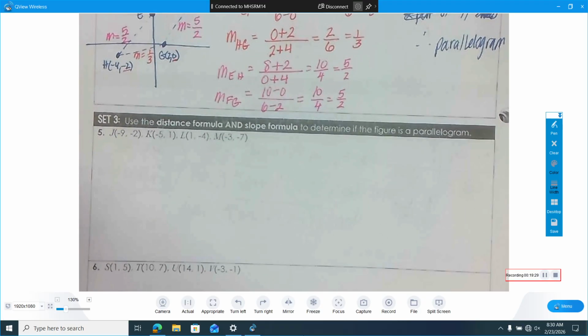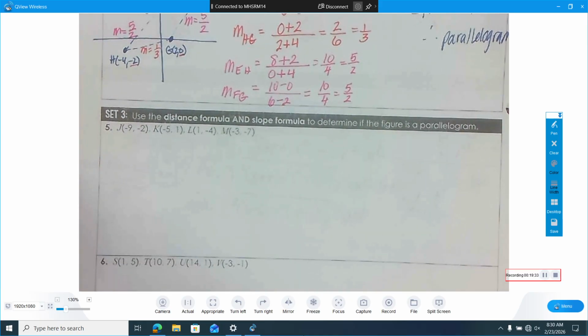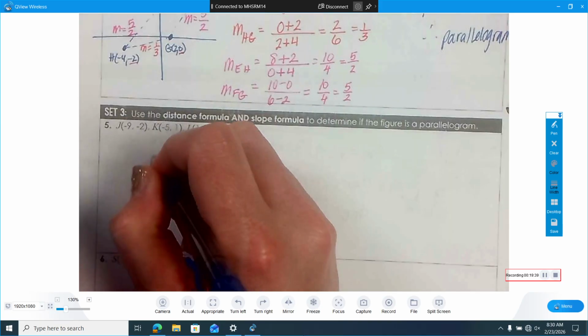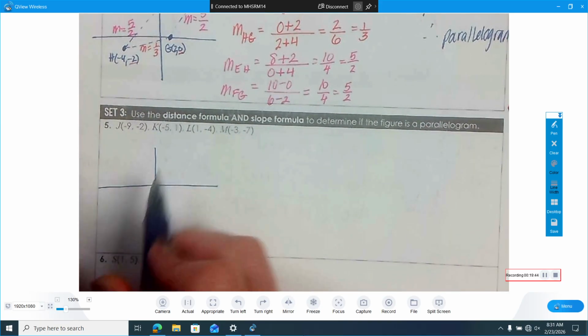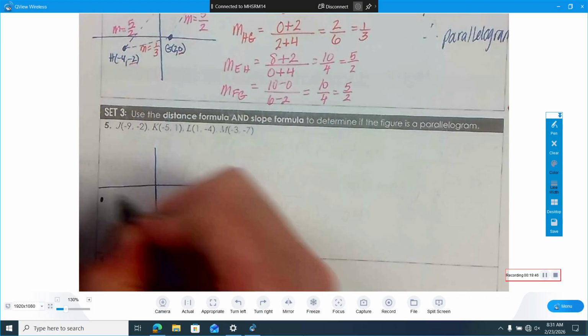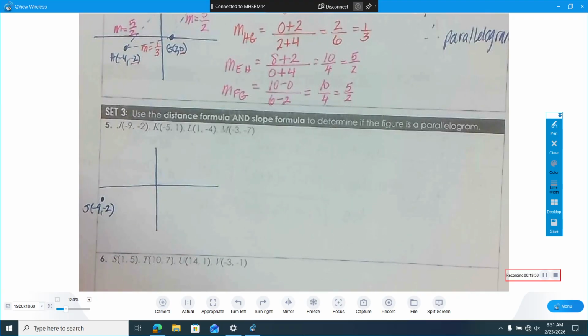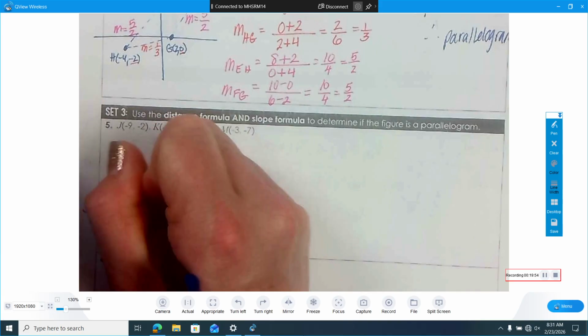All right, so set 3, use the distance formula and slope to determine if a figure is a parallelogram. We only have to do this for one pair of sides. So we're going to do number 5. And again, I'm just going to make a little sketch here. Let's see, J is at -9, -2. I guess that's about right here. K is at -5, 1.